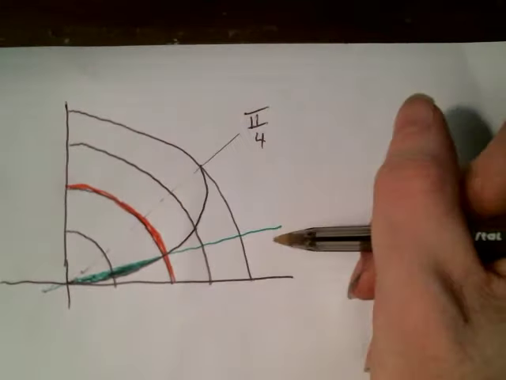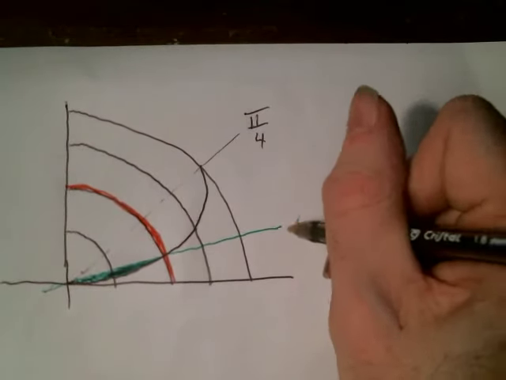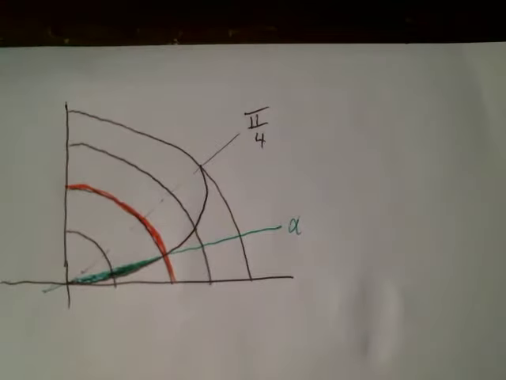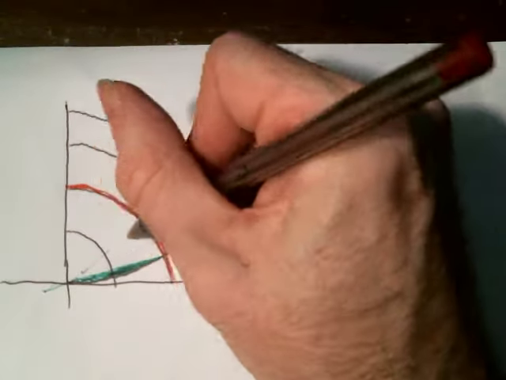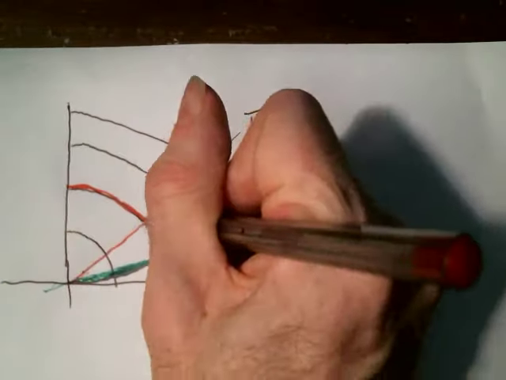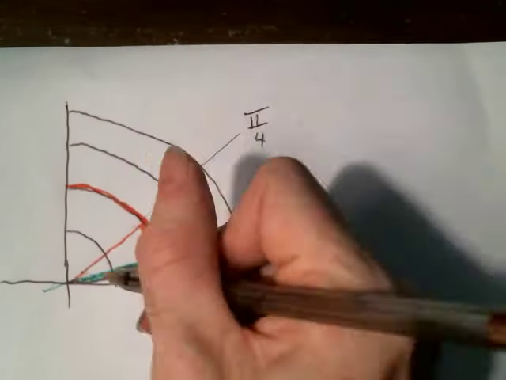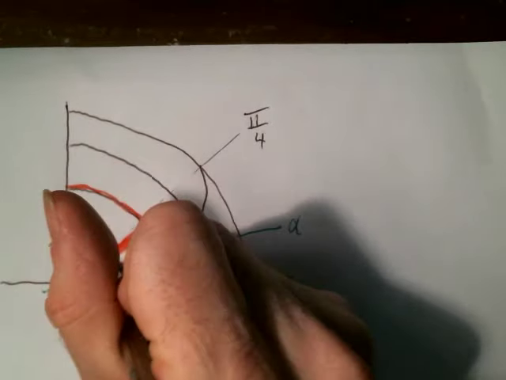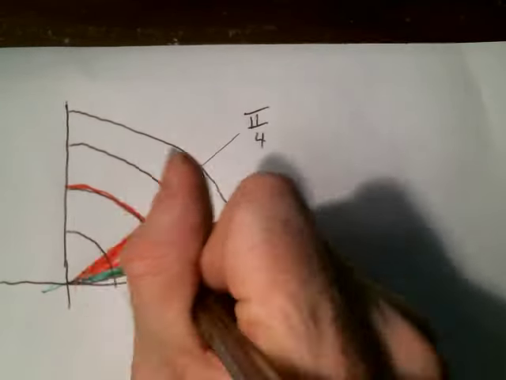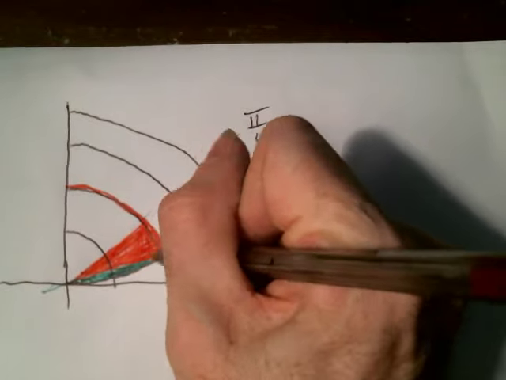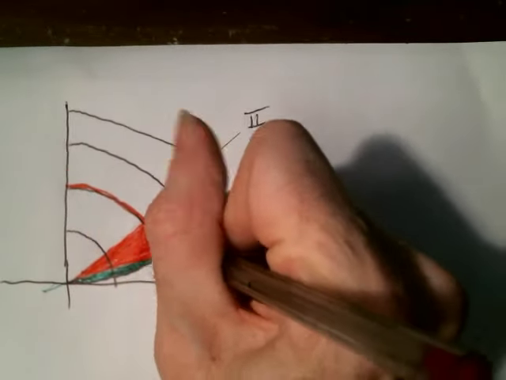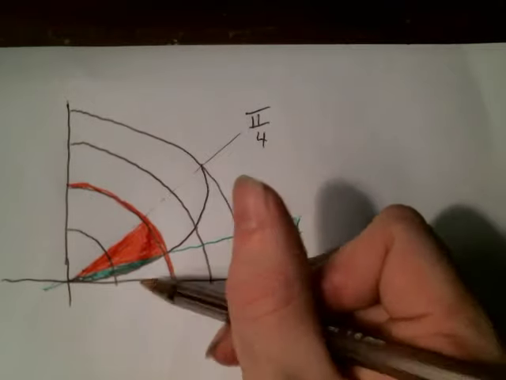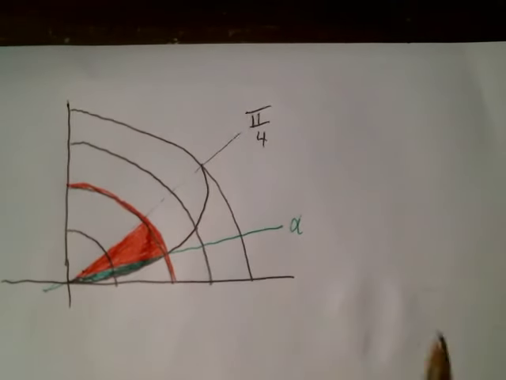Then in the second region, from this angle alpha to this angle pi over 4, the crust of the pizza is given by the circle. So I'll put that region in red. So I need basically two integrals, one to handle the green region, one to handle the red region.